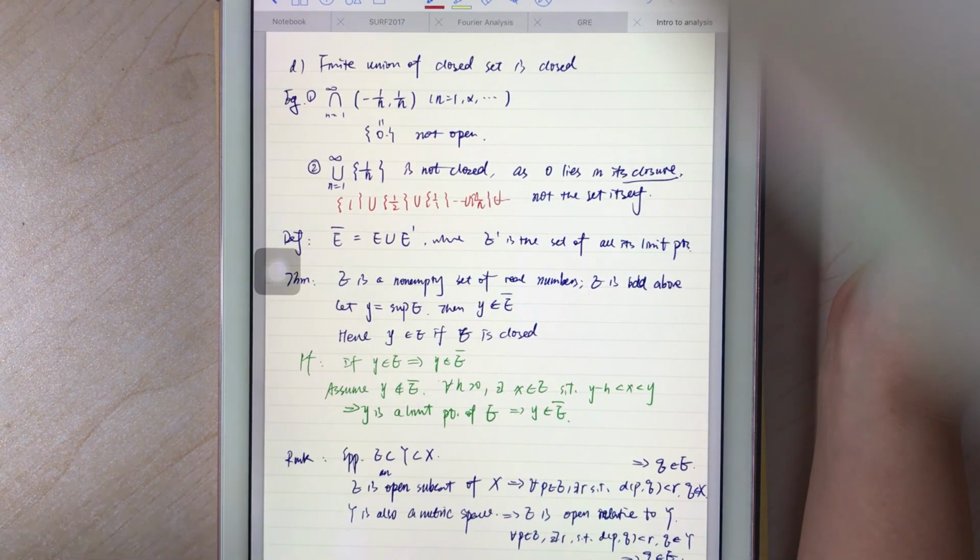You will see that the union of the infinitely many sets is not closed, because 0 lies in its closure, right? As n gets larger and larger, 0 has to lie in the closure.